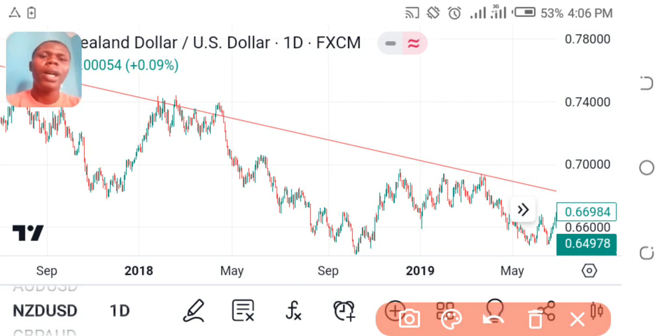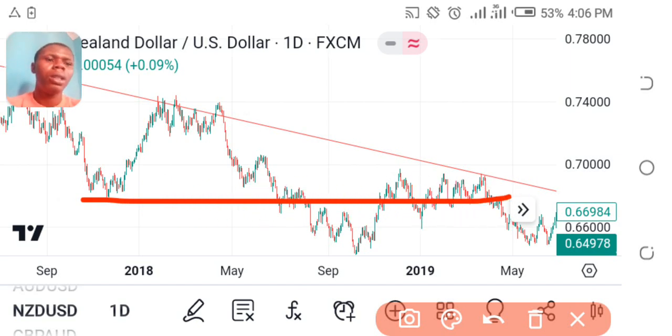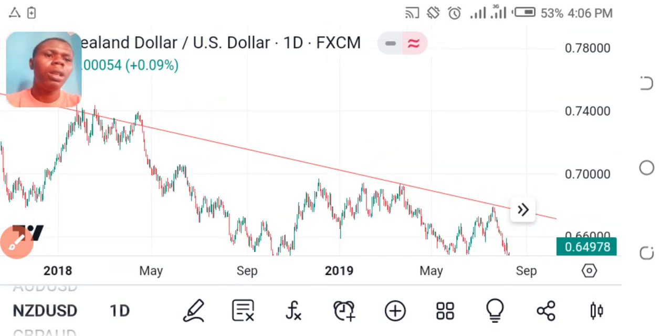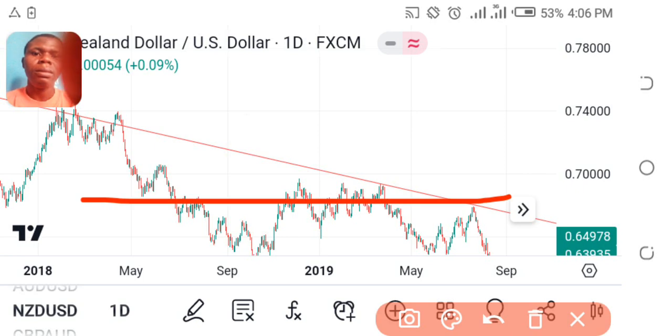Then we have the breakout here. Identify this breakout from this zone here. Let's see if we can get it. Okay, I think we have it. This is it. You can see it here. Now what is a breakout?